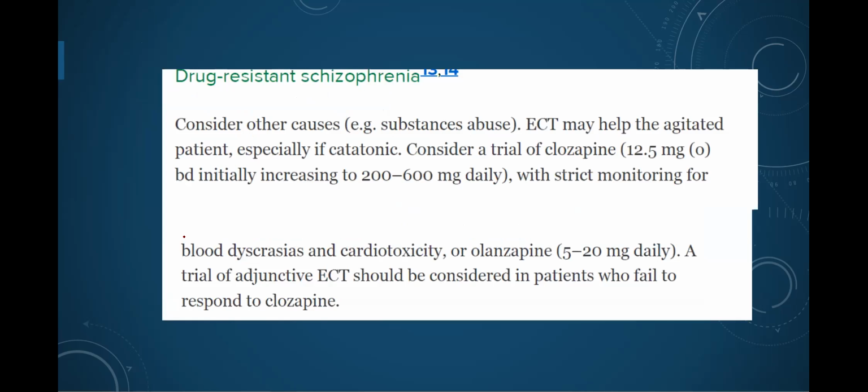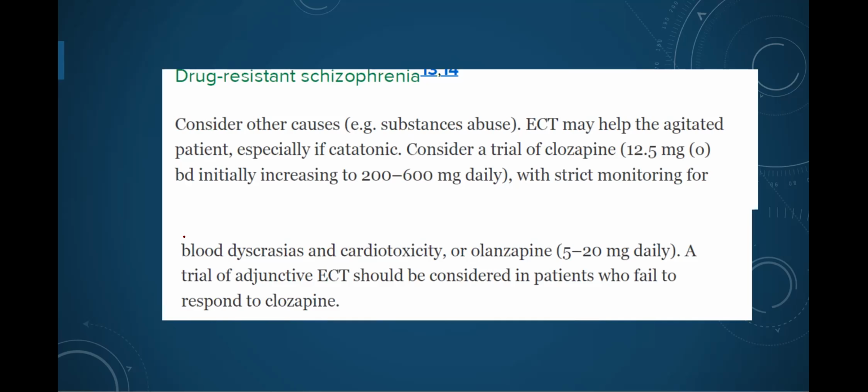If it is drug resistant schizophrenia, which we call when you try 3 antipsychotics, mainly second generation, and still the patient's schizophrenia is not controlled, that is drug resistant. What is the option? Start the last resort, which is clozapine. Clozapine is the best medication for schizophrenia, but why can we not use it first? Because it has a very, very severe side effect profile.